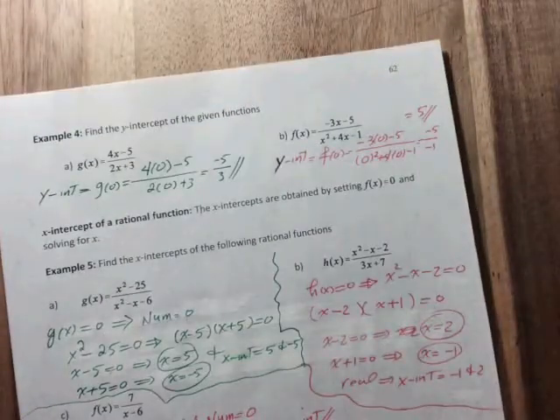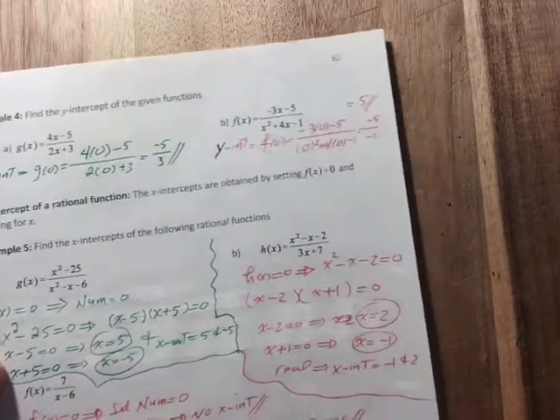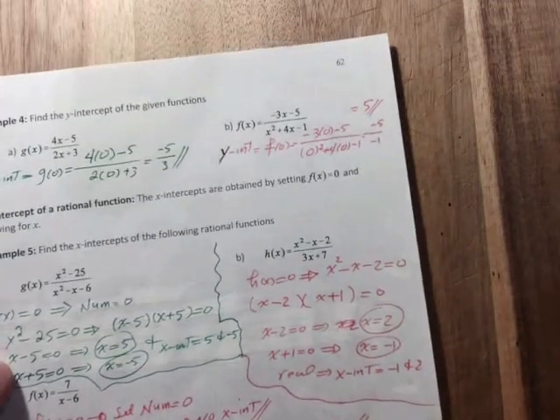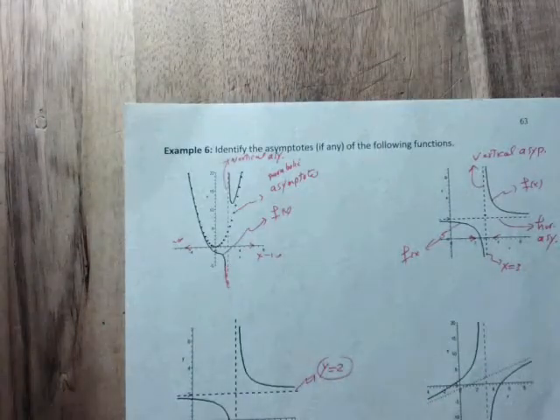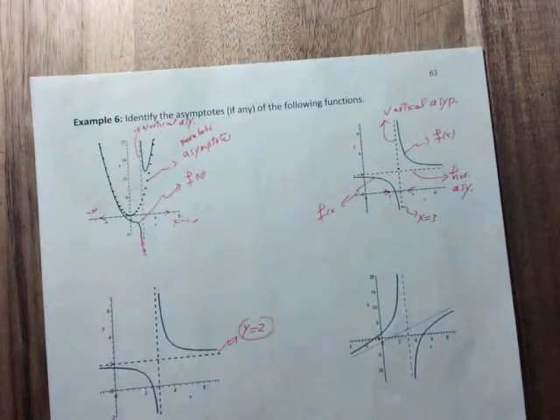Now the next page, I'm going to show you a few pictures of different situations for asymptotes that may occur. Here they are. Here are some examples. I have written on some of them, but that's okay, I'll explain it again.